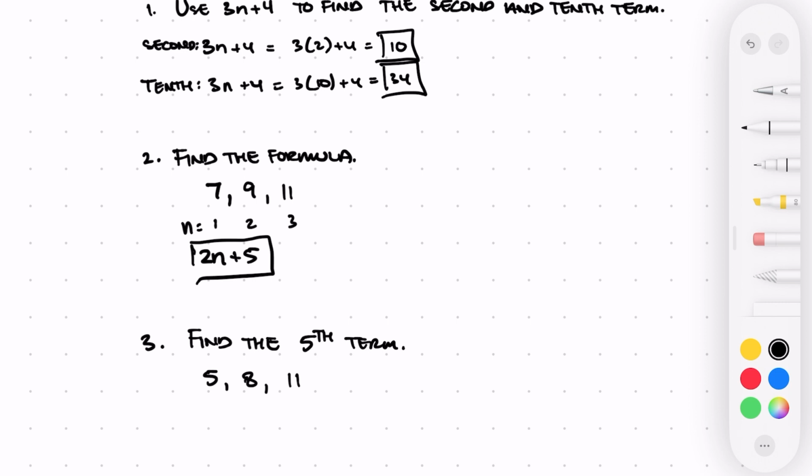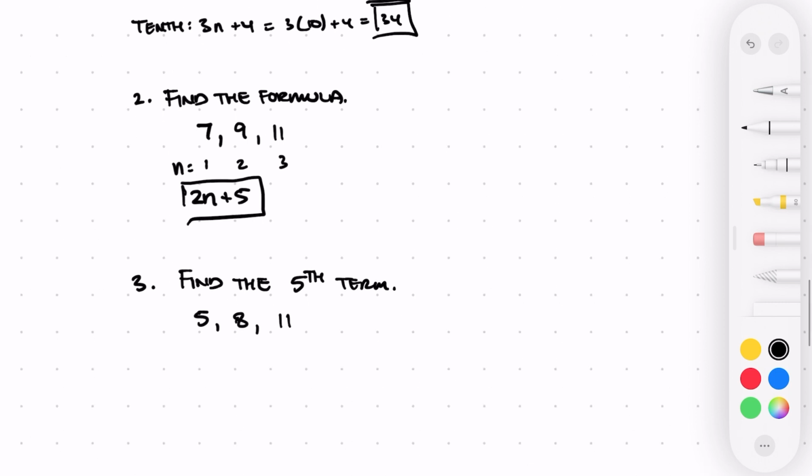All right, so the trick here is you have to find out what the formula is, and then you have to still plug it in to find the number. So this is a combo of question 2 and then question 1.